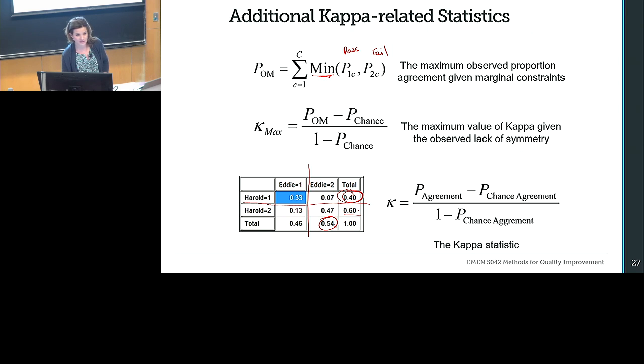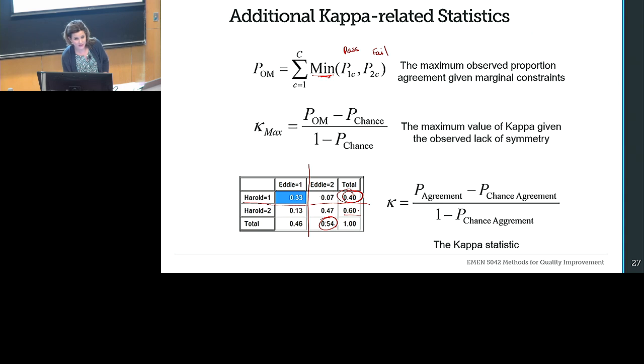He could have said, yep, 40 of them are good. Now, I'm not saying that this is the right assessment. I'm just saying this is the maximum amount of agreement that could happen. If Eddie said, yep, the 7 that he said were fail, if he said they were pass, the max agreement that could have happened was 40 on that. And then if we look at the 2s here, Harold said 13 of them. Eddie looked at 54 and said they were bad.